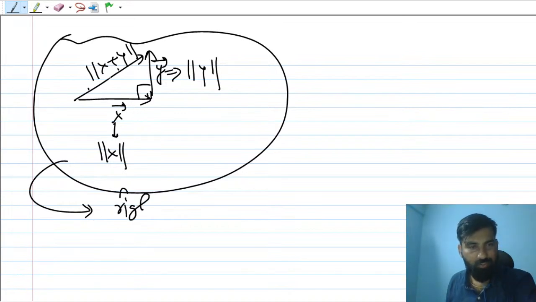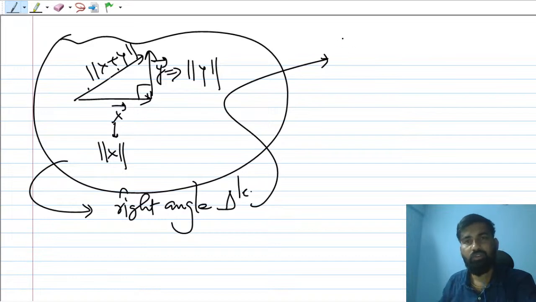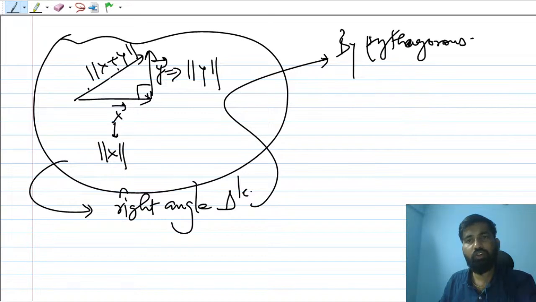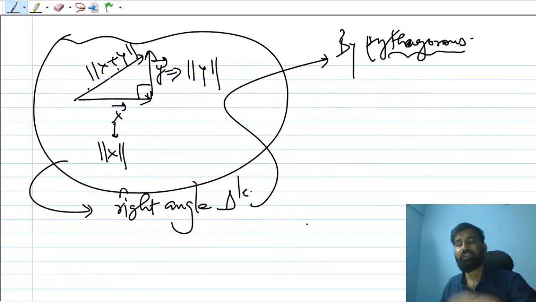Pythagoras is always waiting for where you are going to utilize it. Whenever two vectors are orthogonal, they form a right angle triangle, so you can find the relation between these lengths.